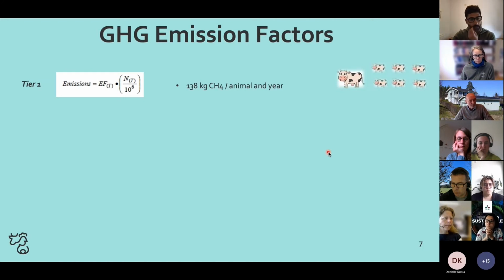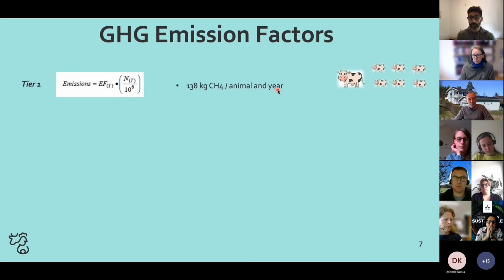And if we use the IPCC umbrella, and using again enteric methane as an example that I'm more familiar with, we can use 3 levels of complexity to estimate these emissions. These levels are called tier 1, tier 2, and tier 3. If we start with a very basic one, tier 1 is basically a system in which a fixed amount of emissions is allocated per animal and year, regardless of the system where the animal is.